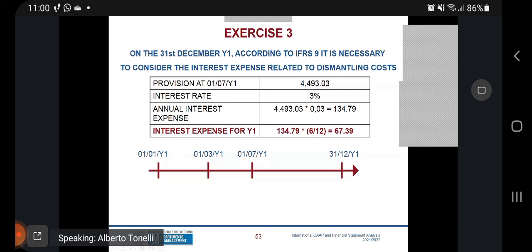And then again, this is similar to the depreciation that we computed before. First of all, we have to identify the annual interest expense, which is equal to the present value of the provision multiplied by the interest rate. But the first interest charge is equal to half of the previous value, namely 67.